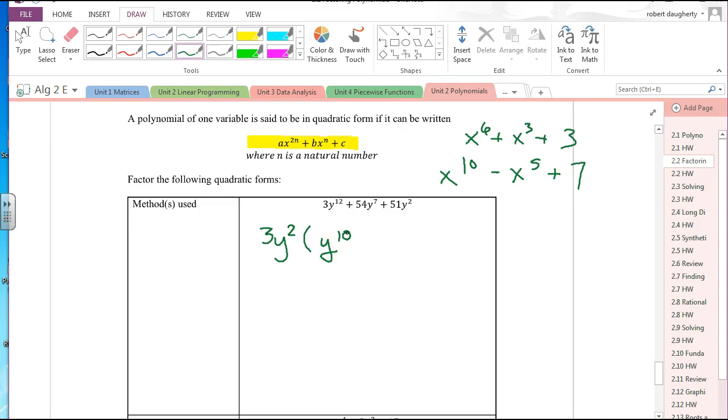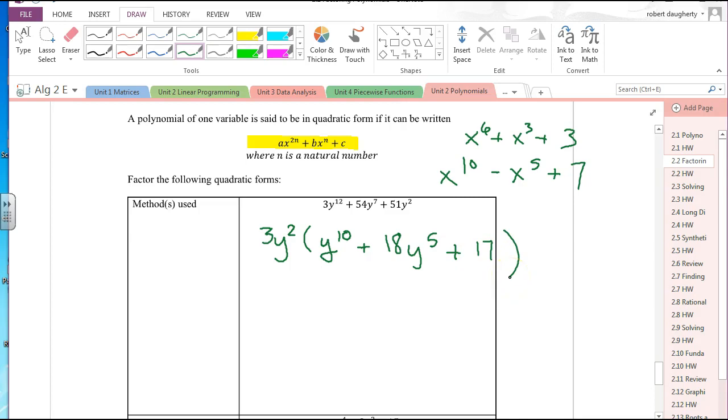What do I multiply 3y squared by to get 54y to the 7th? 3 times 14 is 42, so it's 18, and then the y squared. What do you multiply y squared by to get y to the 7th? Y to the 5th. Plus, what do you multiply 3y squared by to get 51y squared? 17.